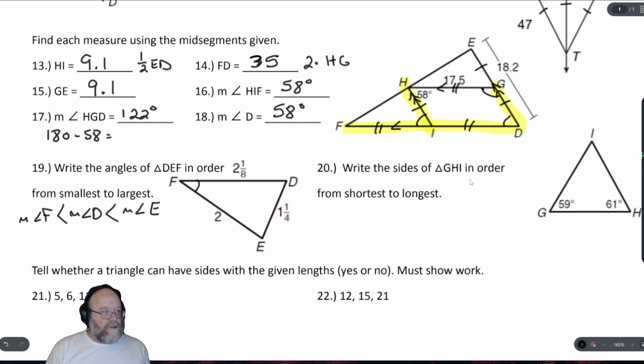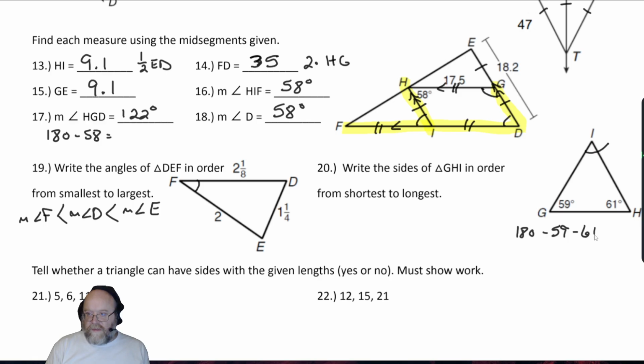Write the sides in GHI in order from shortest to longest. We're going to need to figure this one out. How many degrees is this guy? Well, it's going to be 180 minus 59, minus 61. Just give you guys a chance to figure it out: 60 degrees. Which side is the shortest?